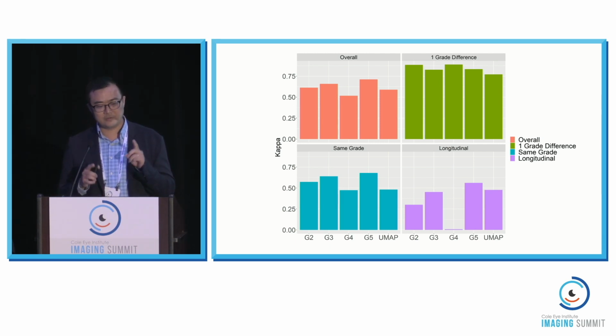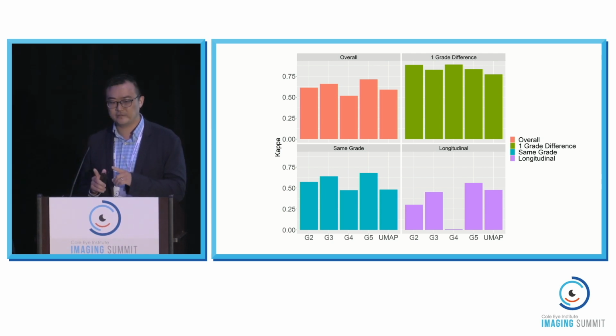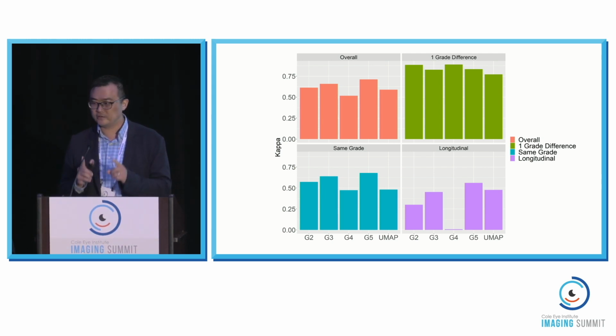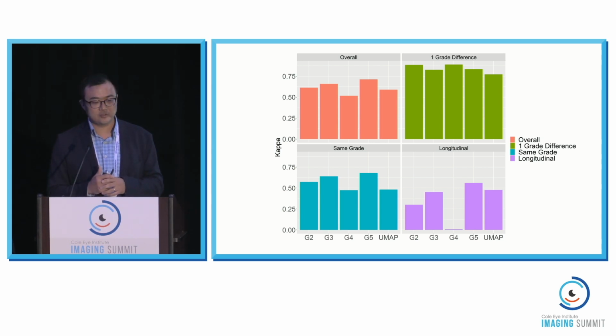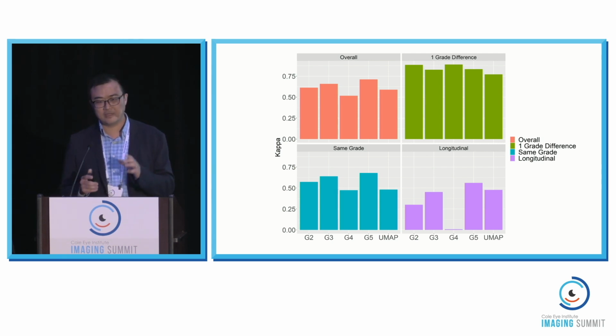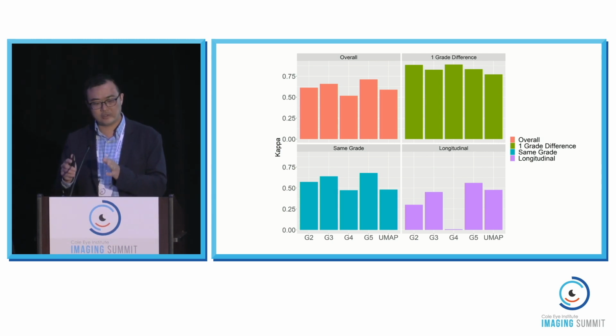Now, what was much more challenging is when you took pairs that were in the same grade, in the lower left there. These are two images or sets of images of two different people that, according to Emily's grading system, would exist in the same grade. Human beings could tell with a reasonable kappa that one was worse than the other, so it does indicate that there are finer steps within grades, even in a 7-step scale.